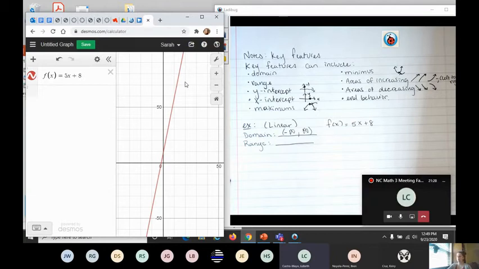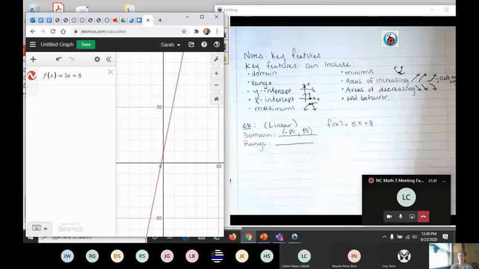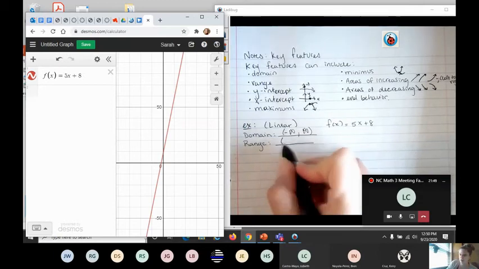Yes. Okay, so help me do the range. How far down can this function go? Does it look like it stops? No, it doesn't look like it stops. So what should my first value be if it's going down forever?